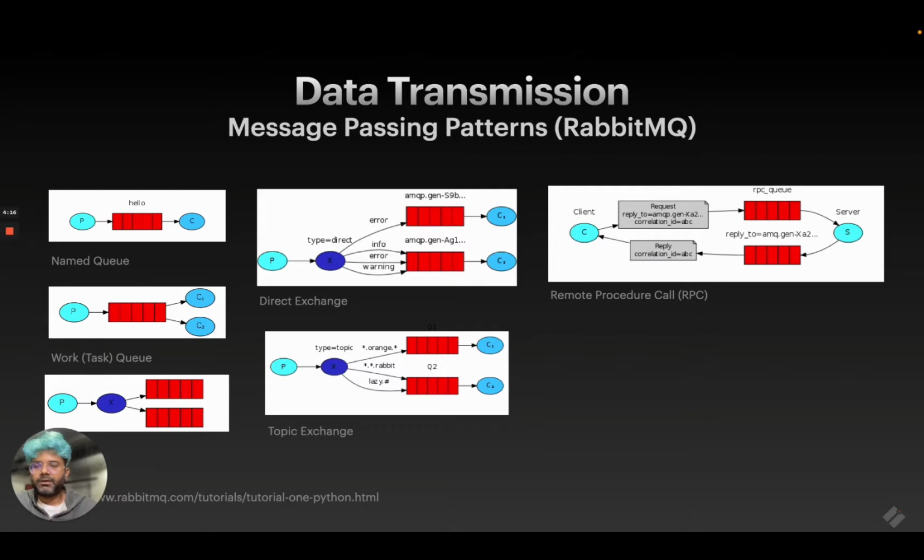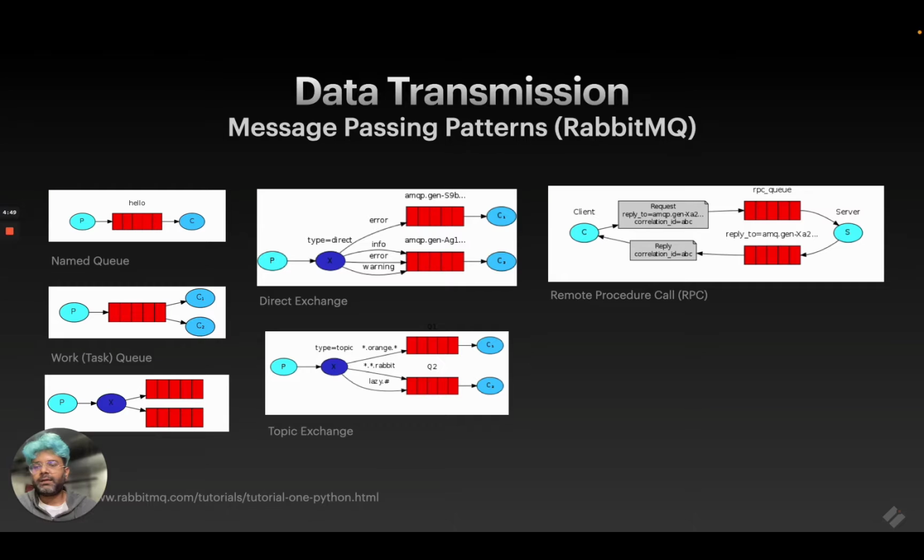In this example of a work queue, the default behavior of RabbitMQ is a round robin dispatch, which means that it will push the next message to the next consumer in line. So again, in this example, if P is publishing messages with, let's say, content 1, 2, 3, 4, in all likelihood the consumer C1 is going to receive all the odd messages and the consumer C2 is going to receive all the even messages.